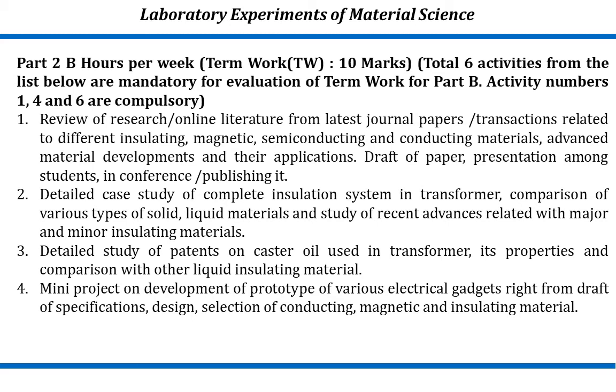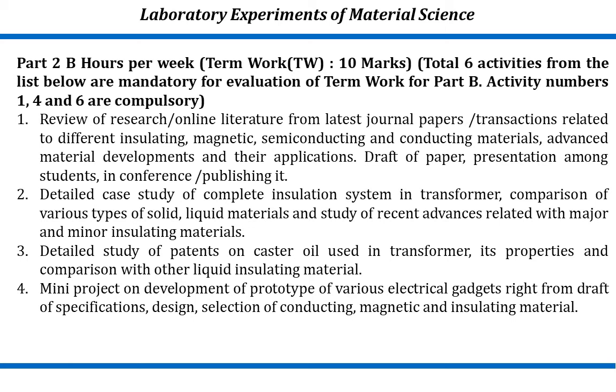Second one is a detailed case study of the complete insulation system in a transformer. So what are the types of insulating materials that can be used in the transformer? Then we have to compare them, whether solid or liquid materials, and study the recent advances related to the major and minor insulating materials. So this is also a very important experiment related to the study.